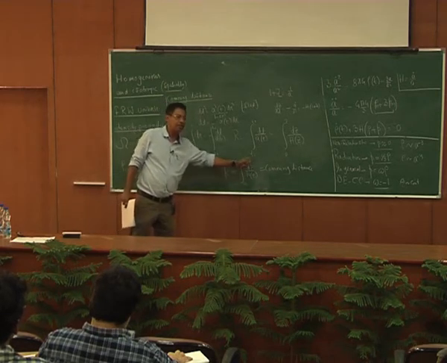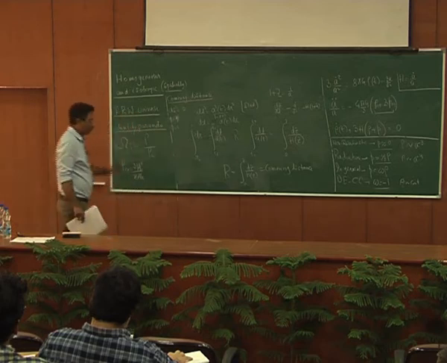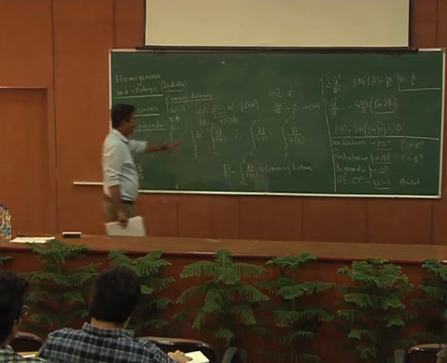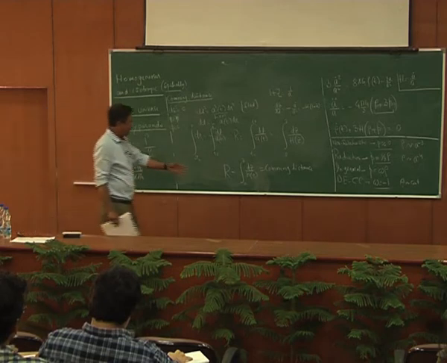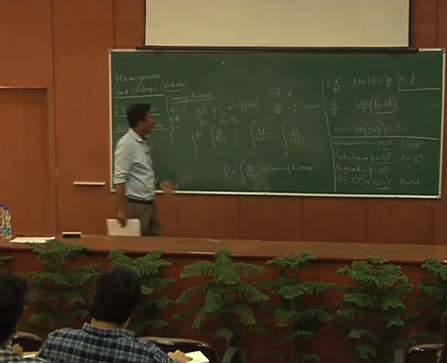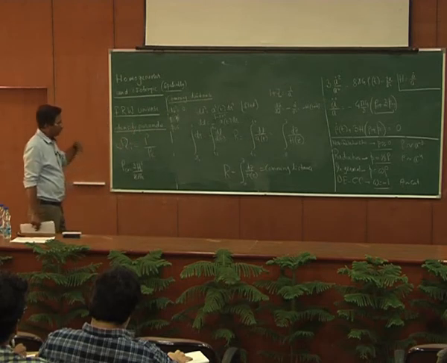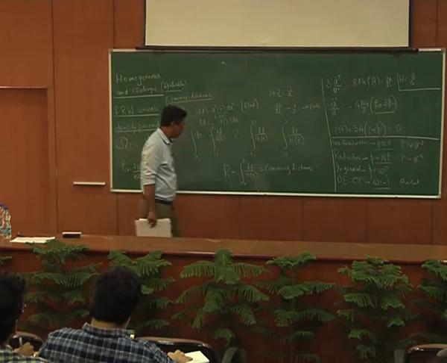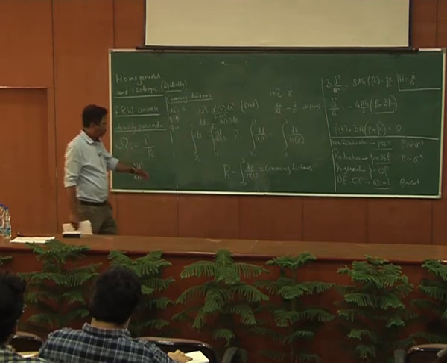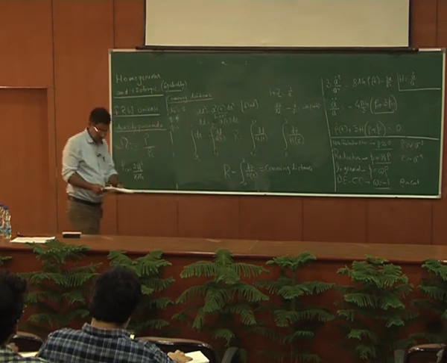To make life simple, for the time being I am doing the flat case. This h just depends on H naught, omega m naught, omega lambda naught, omega r naught, omega k naught. Knowing those, we can calculate this comoving distance.